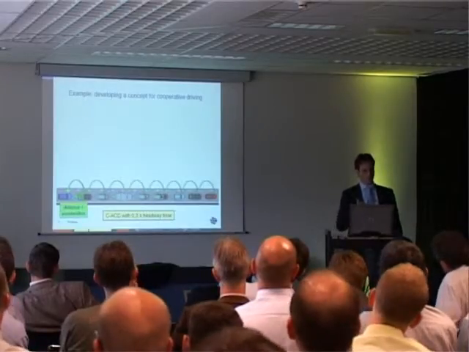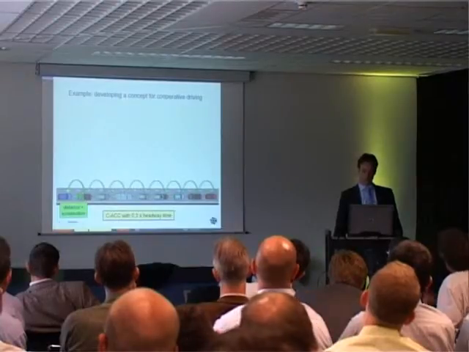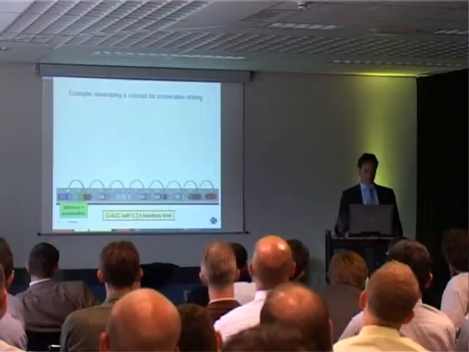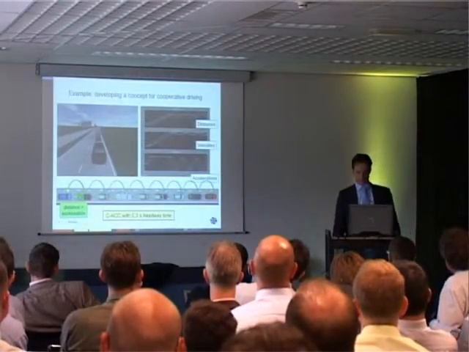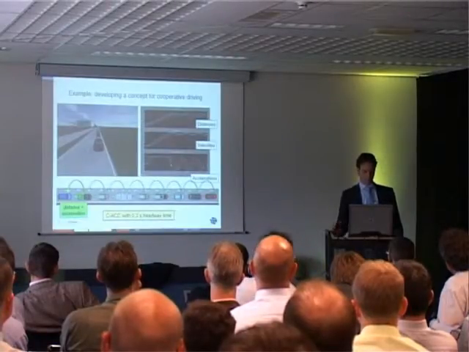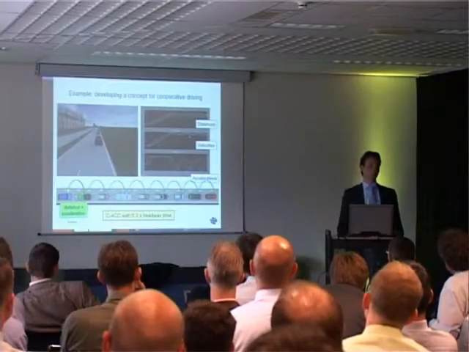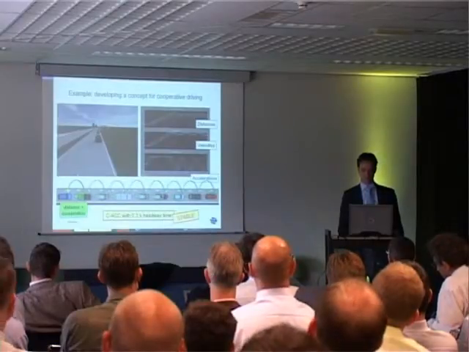So the radar still measures the distance to the preceding vehicle, but also the first vehicle communicates its acceleration downstream. The headway time is still 0.3 seconds, and when we run the simulation, you see that every vehicle exactly follows the speed profile of the first vehicle. So this is a stable system.